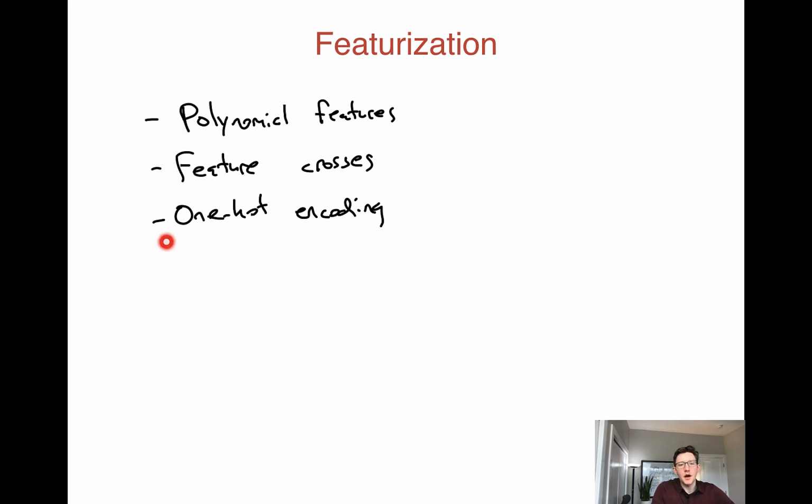Another one that comes up often in practice is a one-hot encoding. We use that when we have a feature that's a discrete value. Let's say it can take 1, 2, 3, or 4.